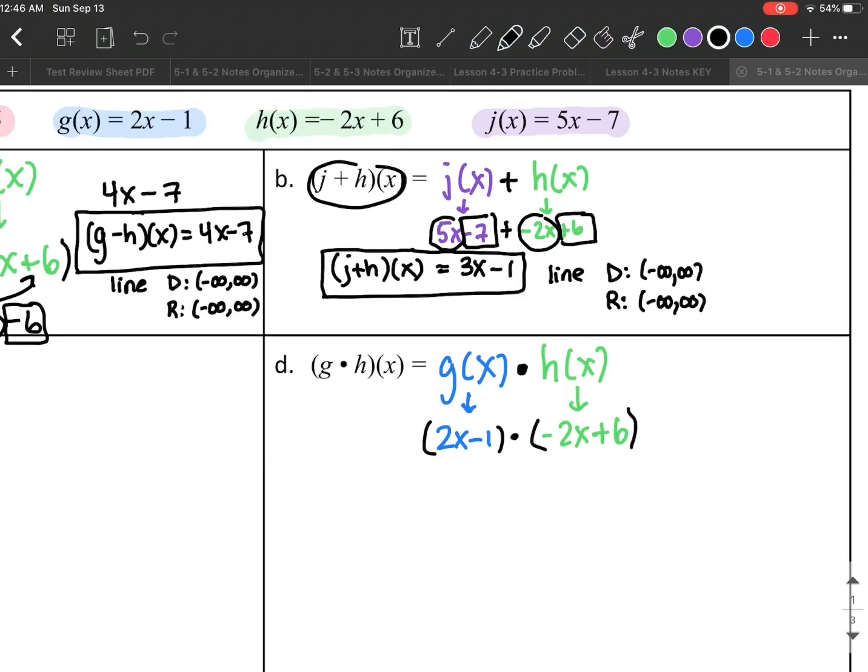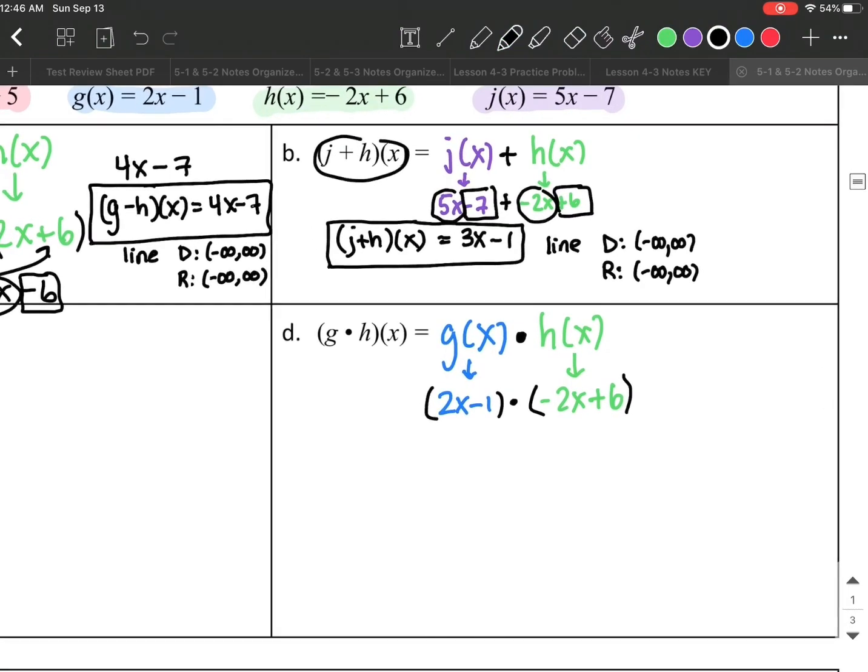And what I like to do when I have two expressions that I'm multiplying together, just so I make sure I'm doing it right, is to do that little area square. And then I put these expressions on the sides to make sure that I'm multiplying every term in each expression by every term in the other one.